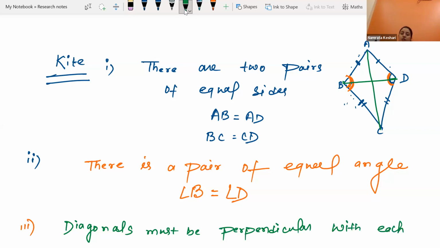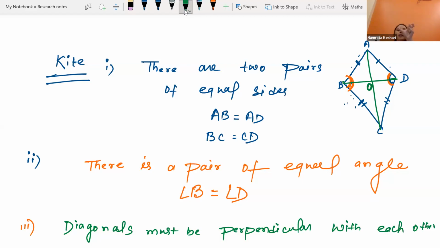Here only we will write that the longer diagonal is bisecting the smaller diagonal. Both diagonals are not bisecting each other. If this is a point O, then the longer one is cutting the smaller one in two equal parts.